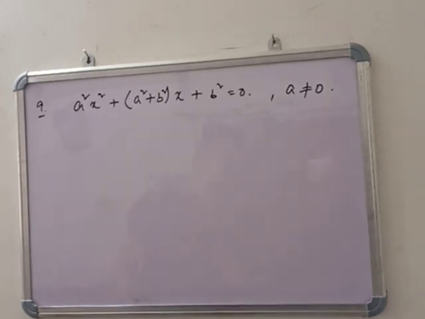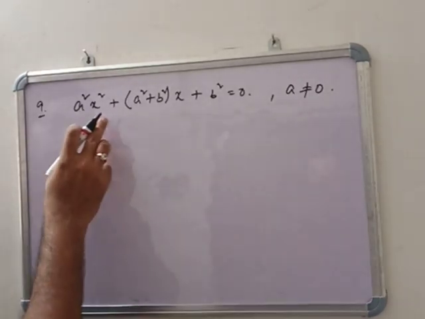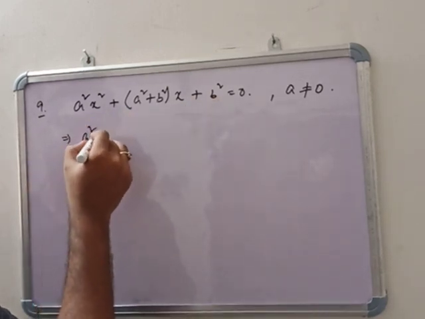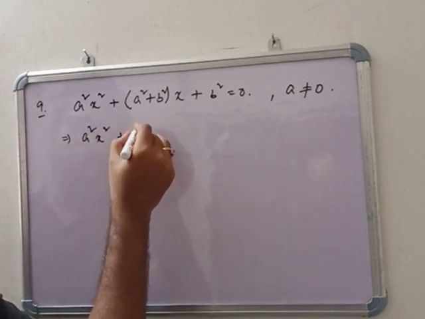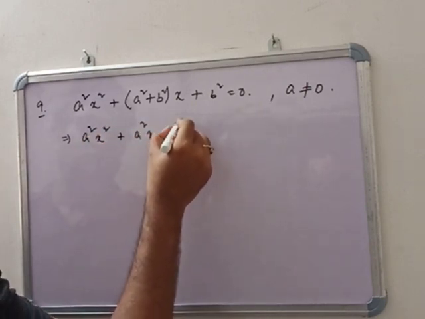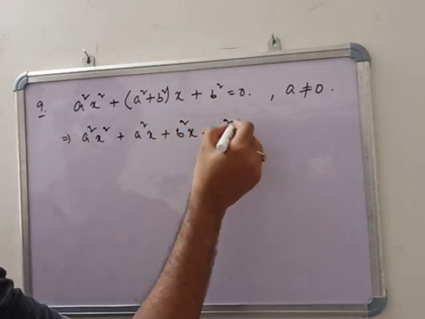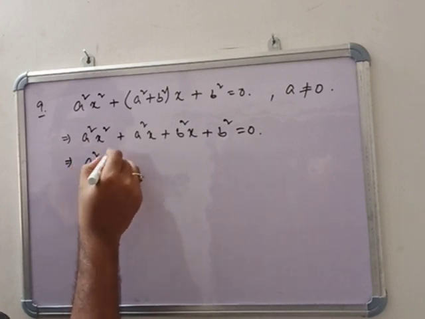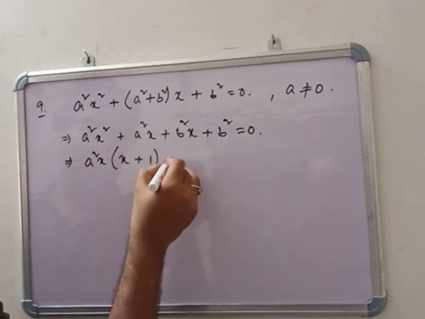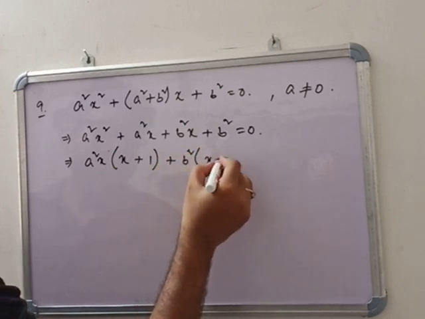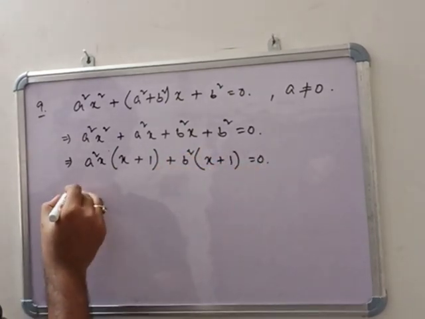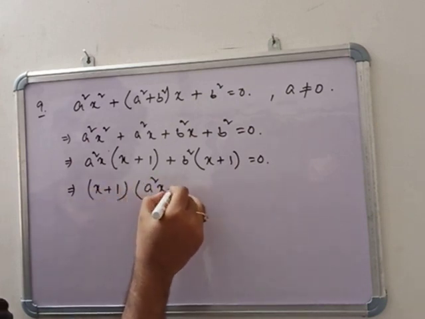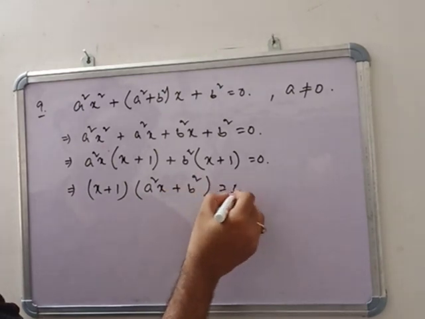So now in number 9, see that a square plus a square plus b square into x plus b square equals 0. So simply, x square plus a square x plus b square x plus b square equals 0. That means a square x common, so x plus 1, plus b square common, x plus 1 equals 0. That means x plus 1 times a square x plus b square equals 0.